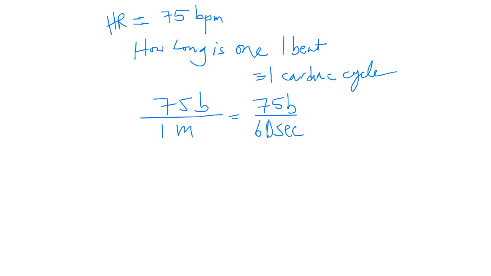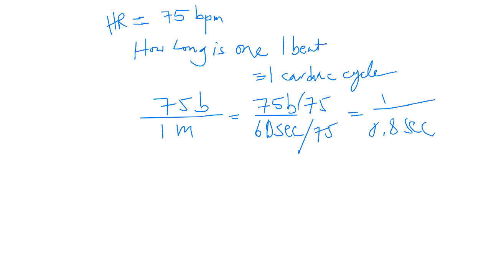So if you take this and you divide this by 75, and you divide this by 75, now you have 1 beat is equal to 0.8 seconds. So lub-dub, this cardiac cycle is about 0.8 seconds, less than 1 second.